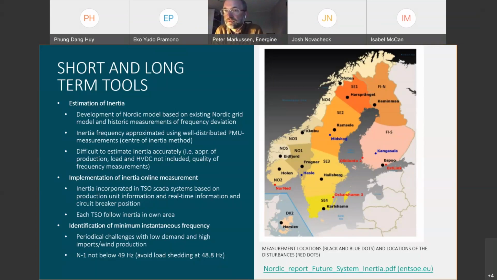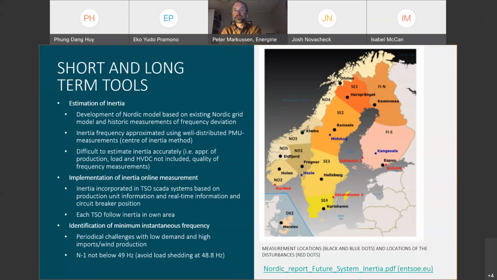But we also looked at the influence from interconnectors, for example the interconnector between Norway and Holland, or between Finland and Estonia. So there has been quite a large work here to both develop the model, but also to validate it based on both historical events and with different sensitivities.